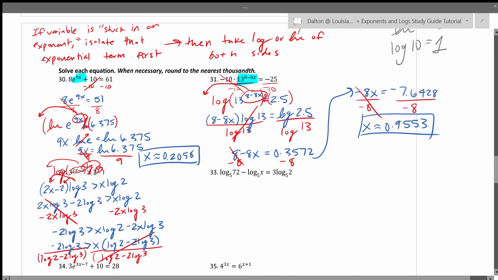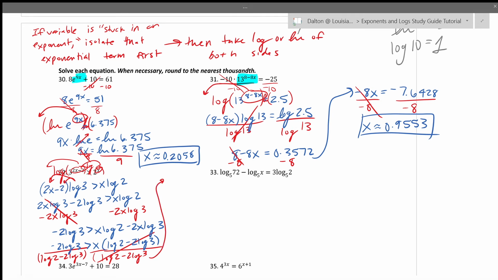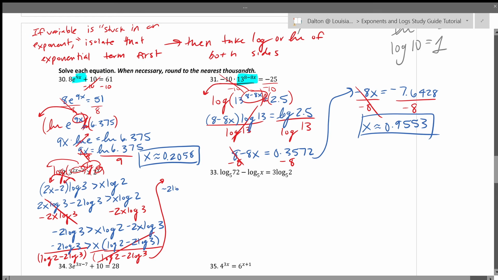So essentially what you have, and I'm going to move my work up here. For this next step, you have negative 2 log of 3 divided by log of 2 minus 2 log of 3. You must use parentheses to group that denominator all together.